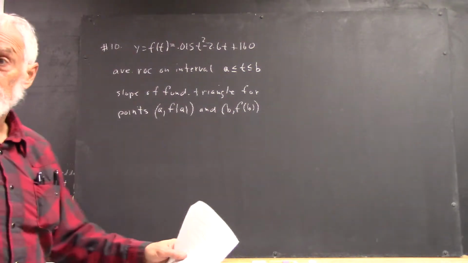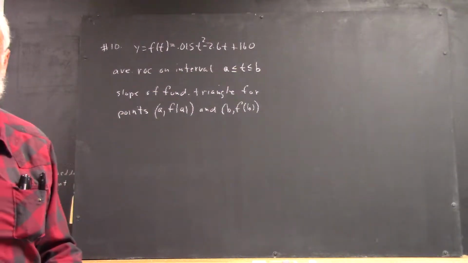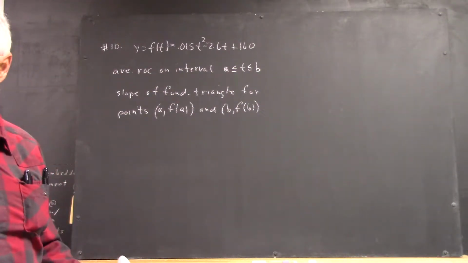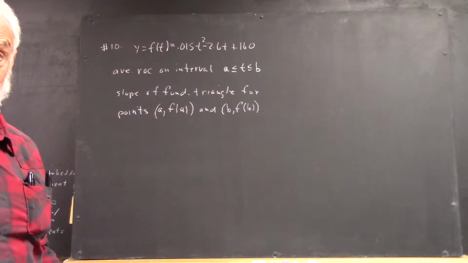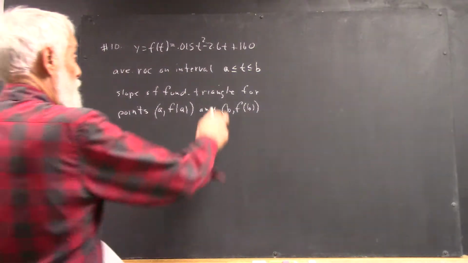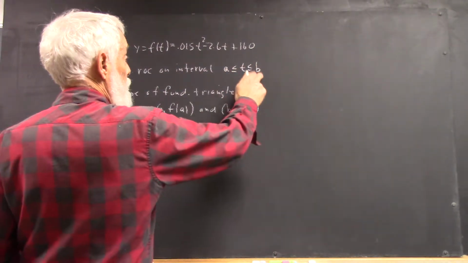Remember how we define fundamental triangle, right? Slope of the graph between the two corresponding points. Okay, the points corresponding to this value of t and this value of t.